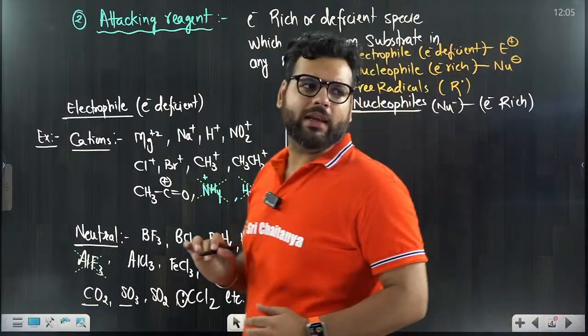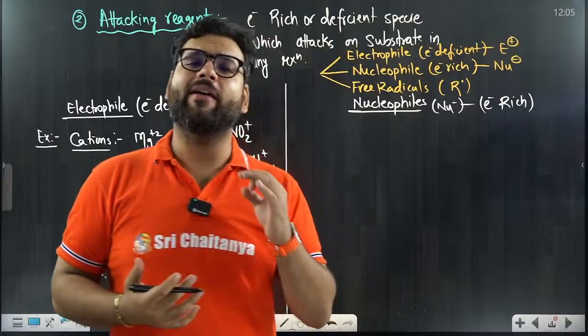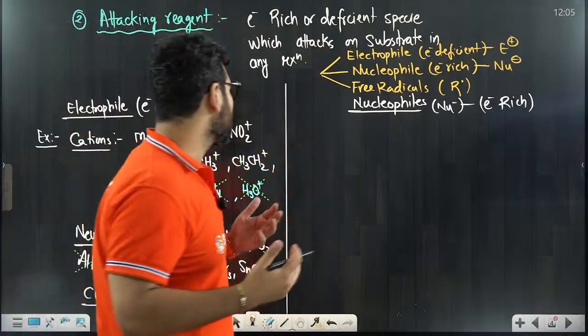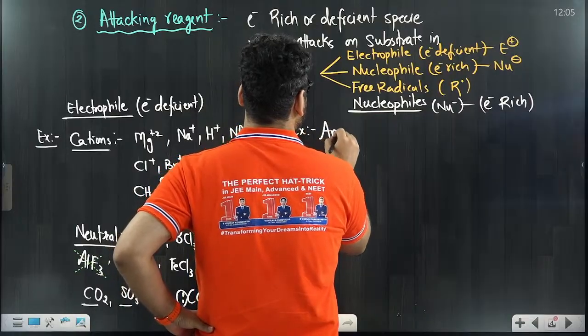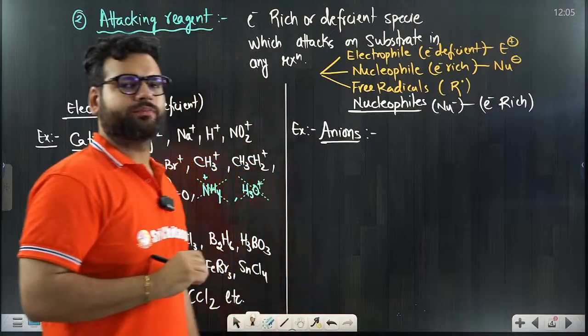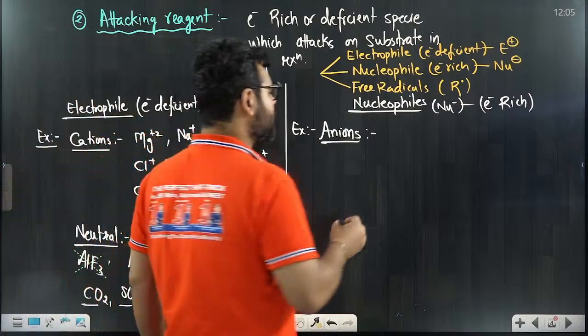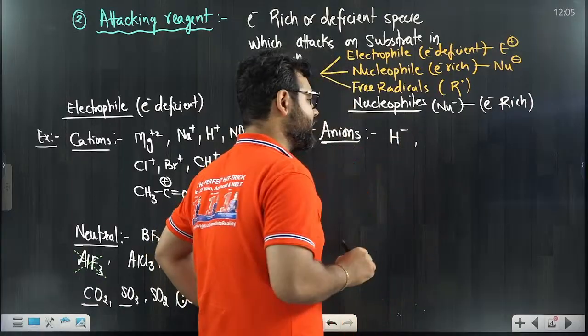These are the ones who carry a lone pair. Now who carries a lone pair? Every anion carries a lone pair, almost every anion. So we'll make the examples like anions. Best examples of anions which carry lone pair, all anions you can take: H minus.